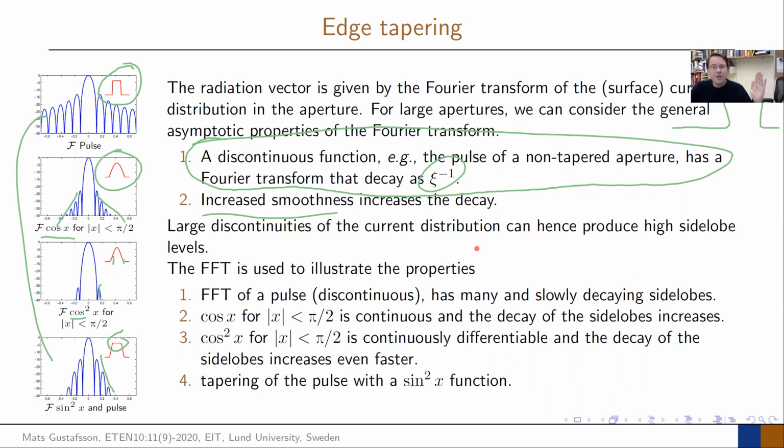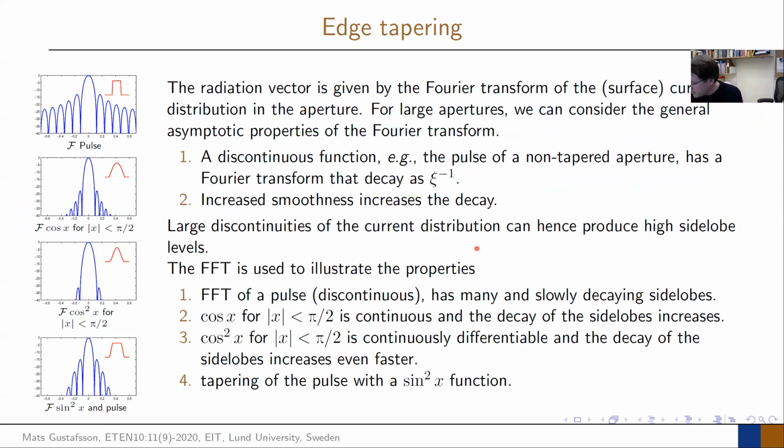You want to use as much as possible, but you also want to taper it on the edge, because then you push down the side lobe levels. And you want the side lobe levels to be as low as possible, but you also want your beam width to be as narrow as possible. Same thing as with an array. And these are things that you typically play with when you try to design your illumination of the aperture to get a good radiation pattern.